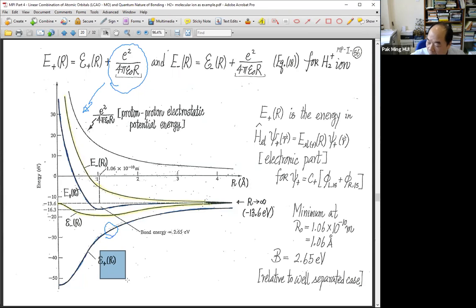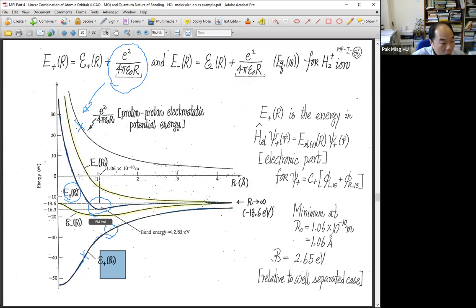Therefore, for the electronic result, we should add this line into this one, okay? And the final answer is this. You see my cross, this line? This particular line, okay? Get me? Now, let's look at this particular line, especially there's a minimum.